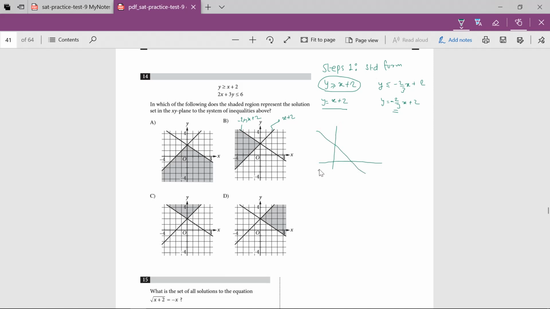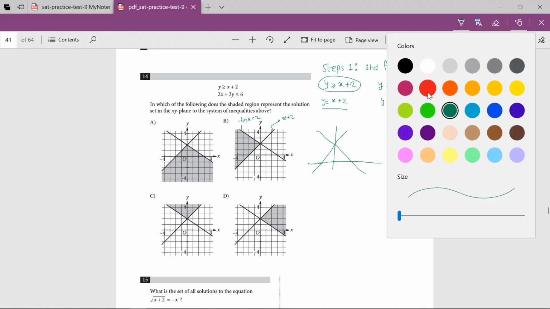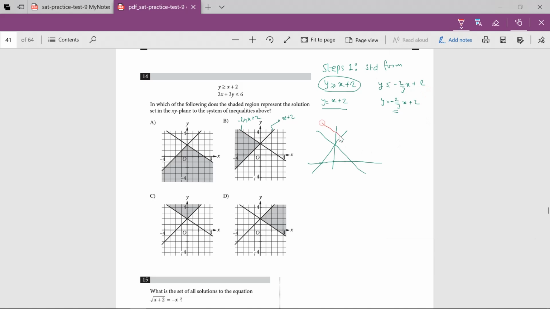I've just drawn it roughly here, just to make sure that it looks like the way you have it here. These are the lines. This is the first one, the rising one, and I have to shade the upper portion of this one. I just take another color here to make sure it is clear to understand.